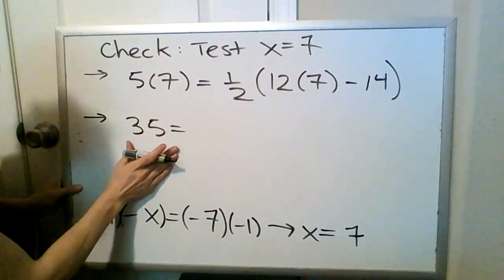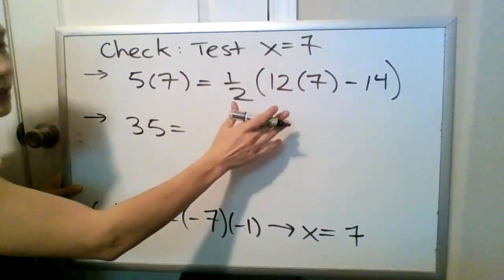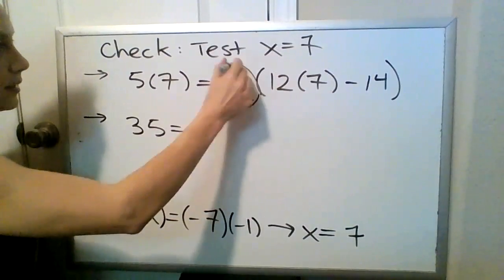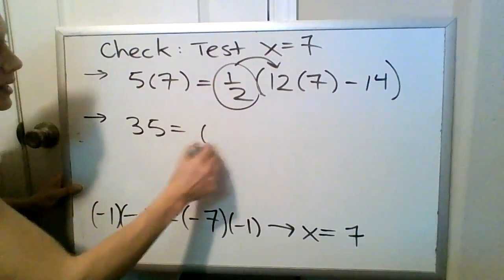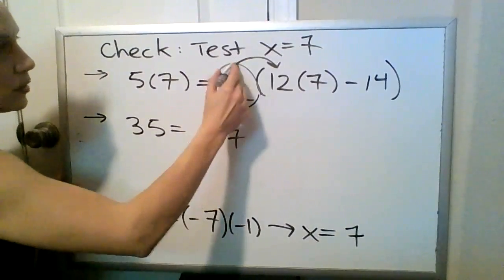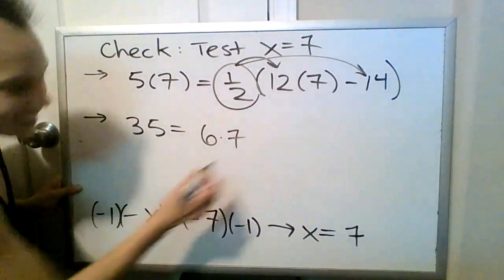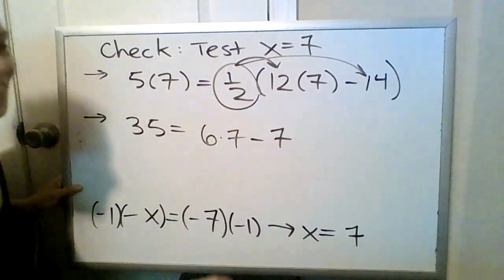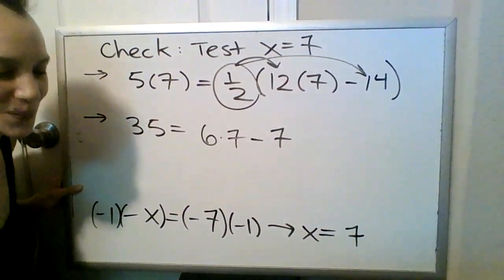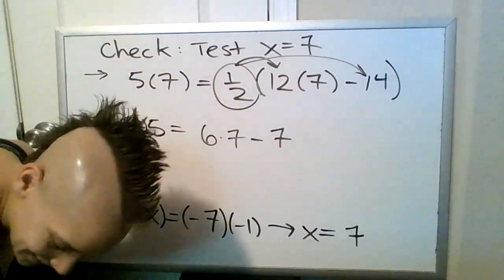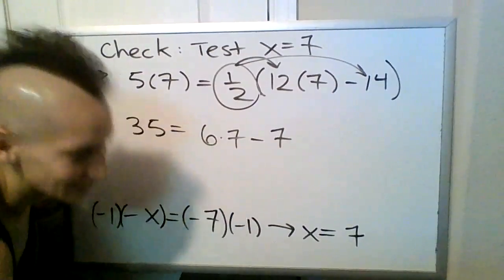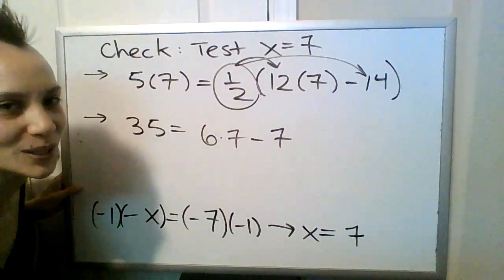This side is 35. On this side, I will still distribute 1/2. 1/2 times 12 is 6. 1/2 times -14. Okay, so 35 equals 42 minus 7.